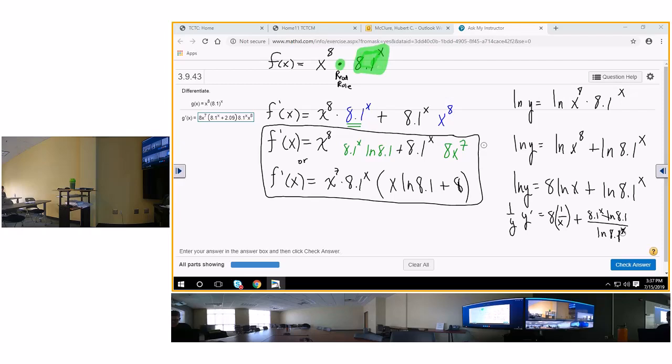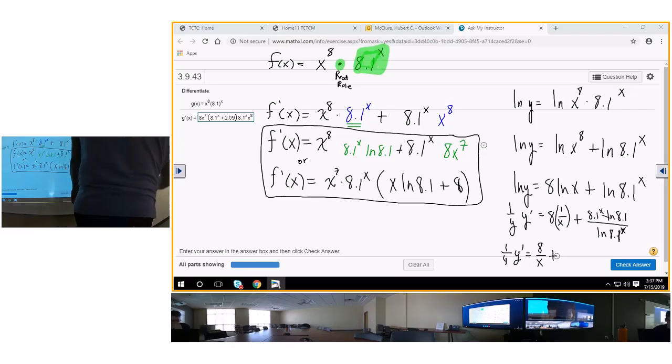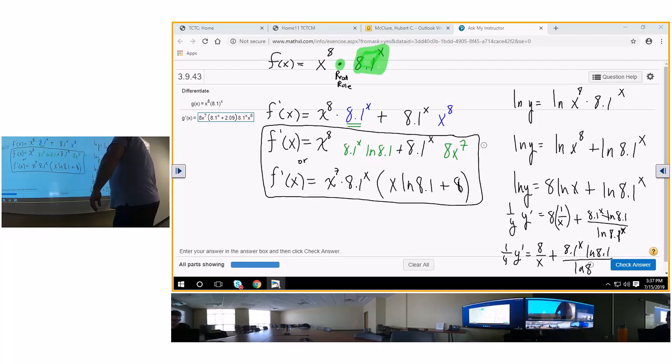And that's going to be 1 over y times y prime is equal to 8 over x plus what happens to the natural log of 8.1? Okay, no, they don't cancel out. I thought it was going to cancel. Sorry. It doesn't, because it just doesn't. Plus 8.1 to the x natural log of 8.1 over natural log of 8.1 to the x.